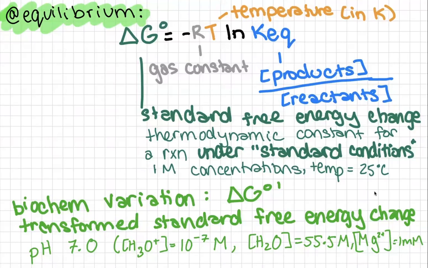Speaking of that equilibrium and that standard free energy change, the standard conditions that are used in chemistry are pretty unideal for those used in biochemistry. If you think about what it means, you're saying you have a 1 molar concentration of everything.